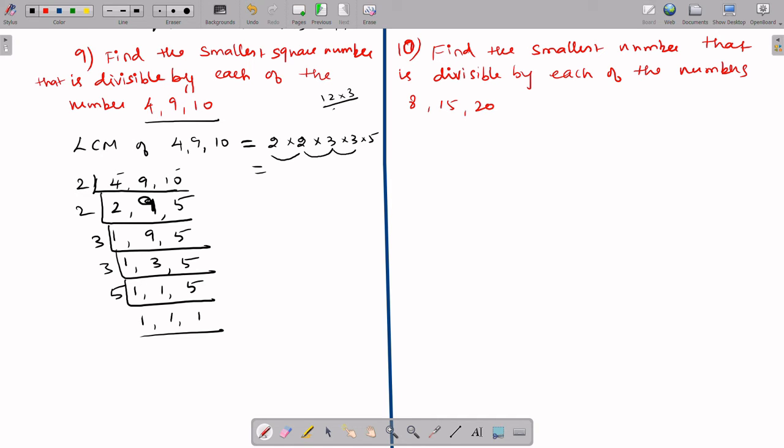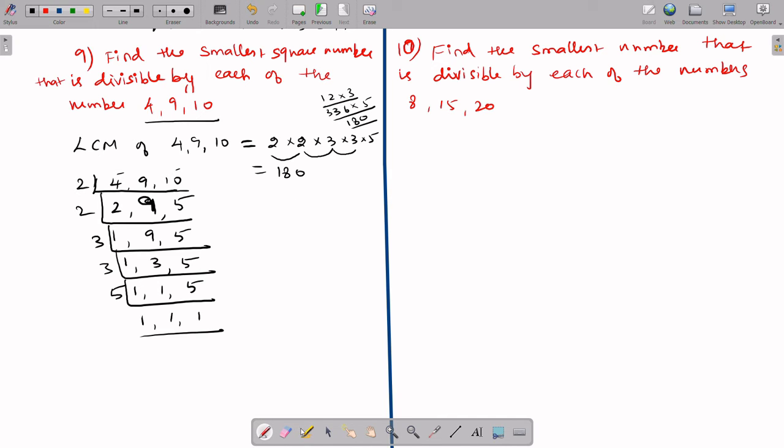That is multiplied by 5. 6 5s are 30, and remaining you have 3. 3 5s are 15. 15 plus 3 is 18. So 180 is the answer. So the LCM of these numbers is equal to 180.